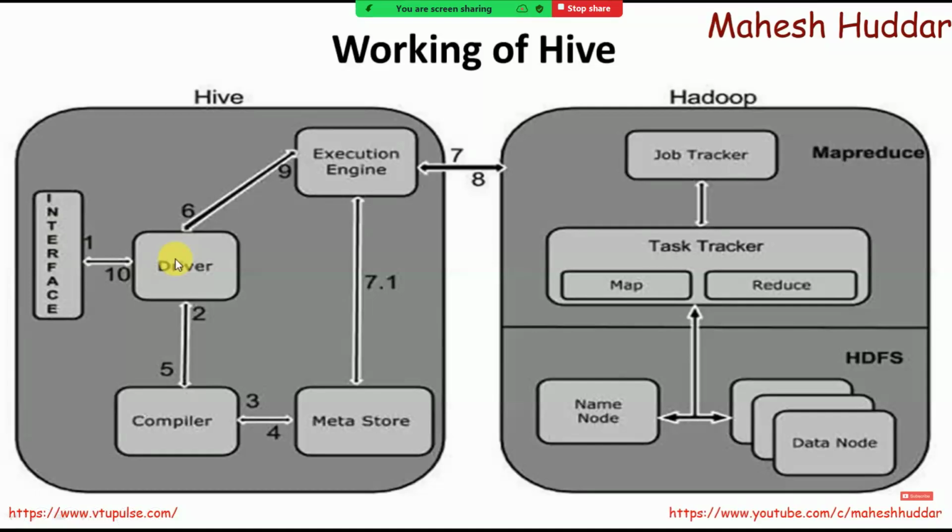The driver will take the passengers from one place to another. Similarly, this is the interface where I am working. From this interface, I am giving a query. The driver will interact with this interface, take the query, and give it to the compiler, metastore, or execution engine. How it works, we will discuss.